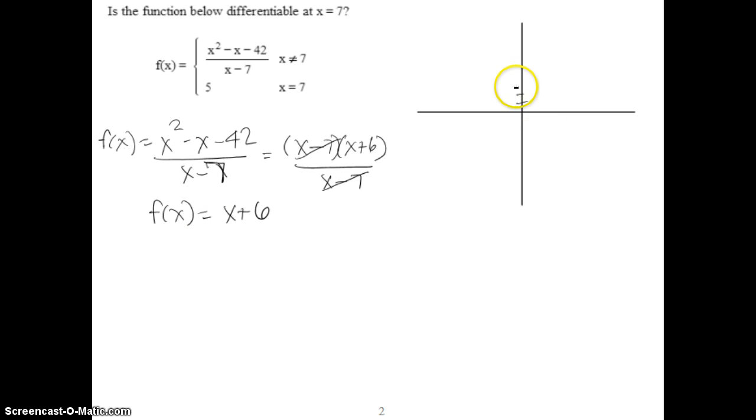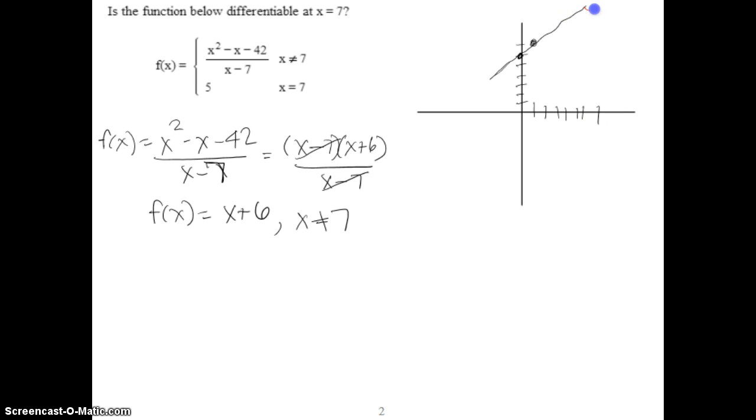So you're going to have 1, 2, 3, 4, 5, 6 as your y-intercept, and it's going to be a slope of 1. So your graph is going to look something like this. But when x equals 7, you have a hole. Again, you see my graph is not that accurate, it's not that big of a deal.